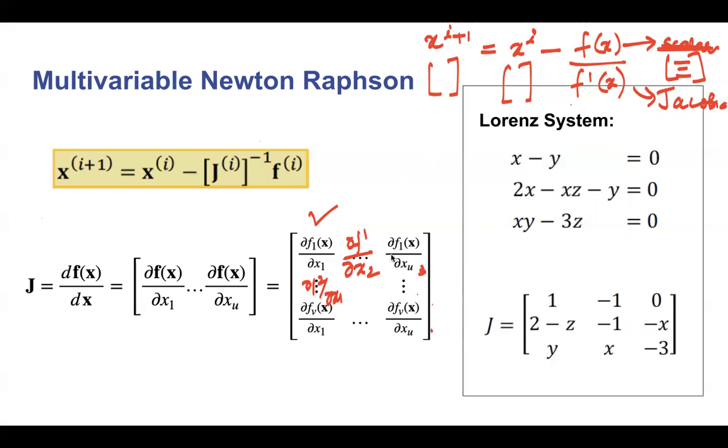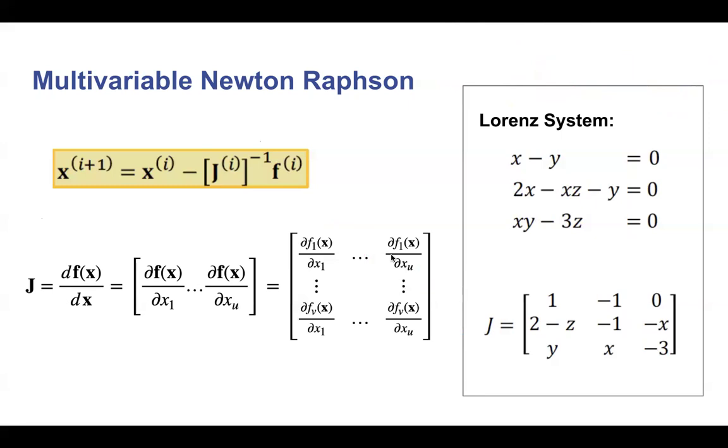I can write it once again very neatly. If you have three functions and three variables, the Jacobian matrix looks like this.